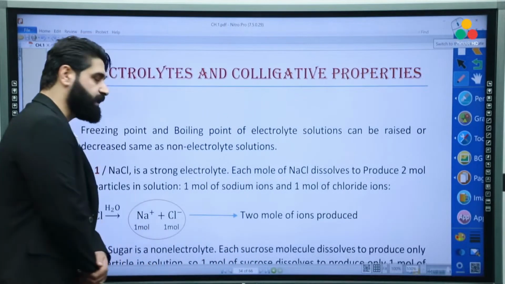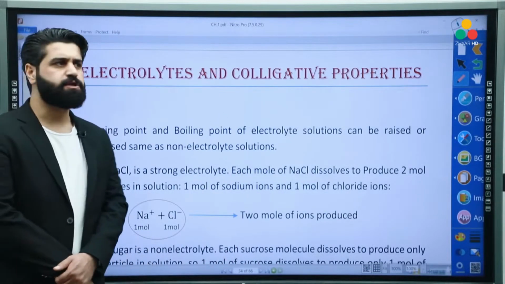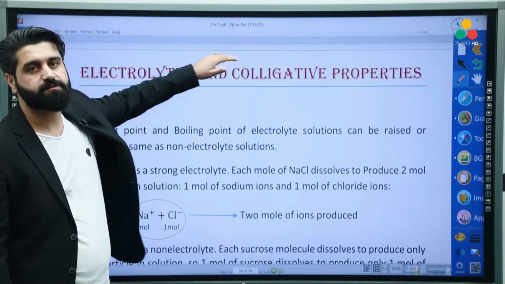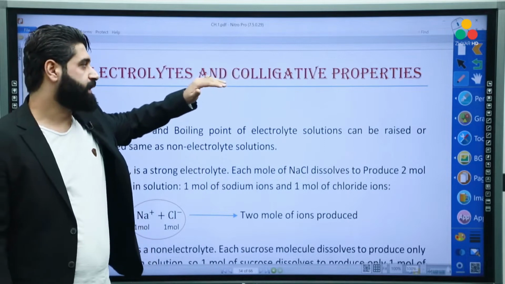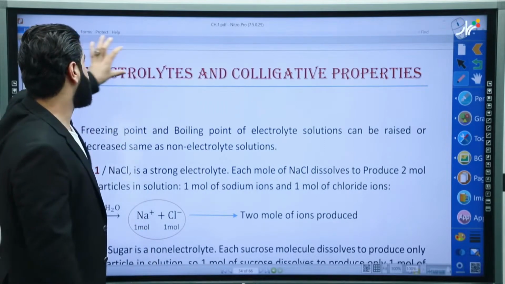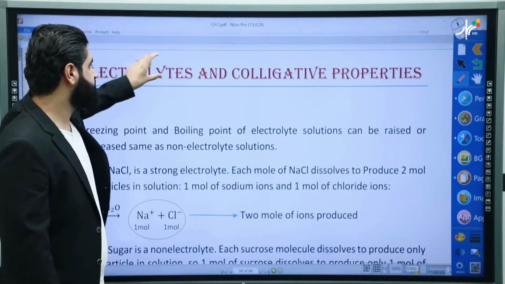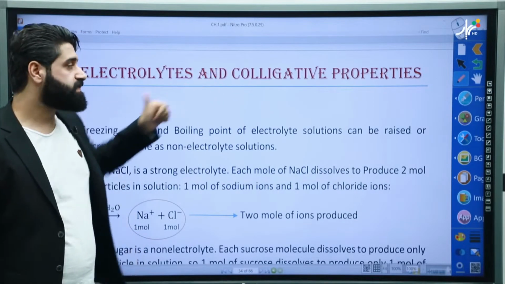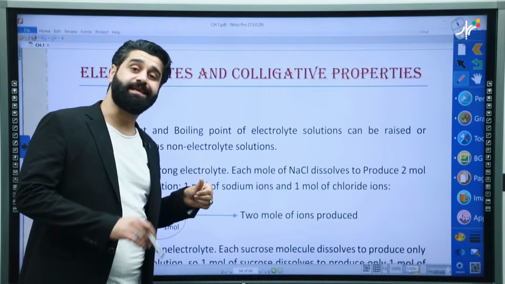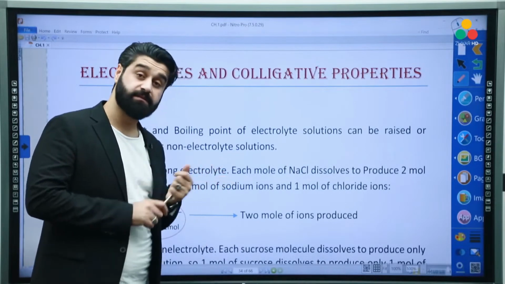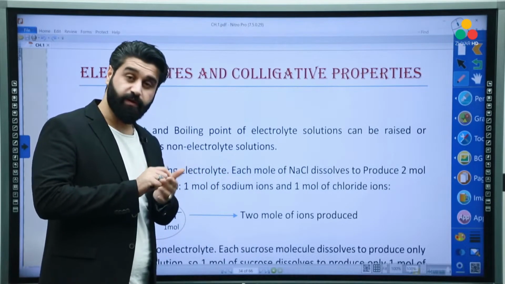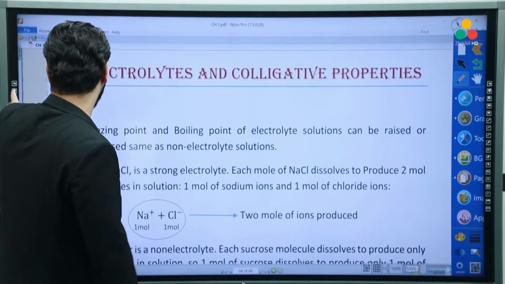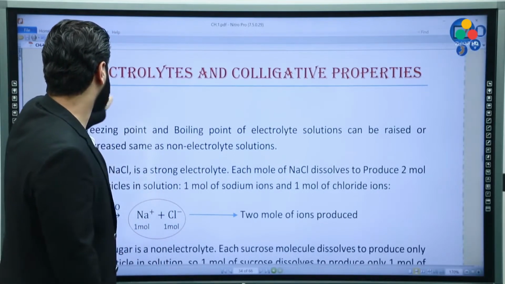Well, hopefully you noted that in all the previous questions, when we read the sentences of any equations, you have seen that the solute is a non-electrolyte. But what if we dissolve electrolytes? What will happen? That's why we will study electrolytes.